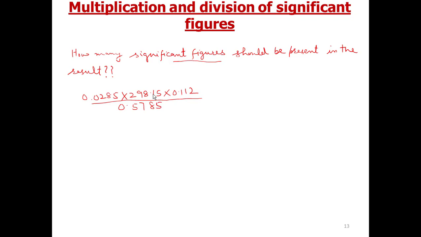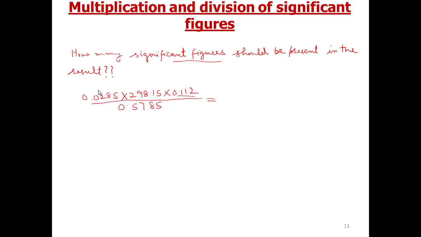Now this is a case of multiplication and division. So when we have to see the number of significant figures in the results, the simple case is the result should not have more significant figures than either of the individual measurements. So first we will count the number of significant figures.